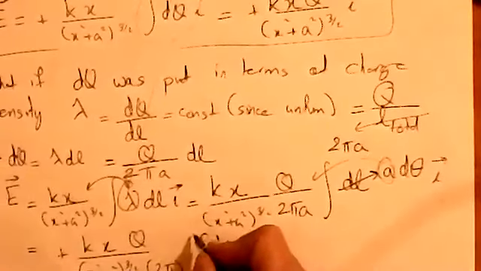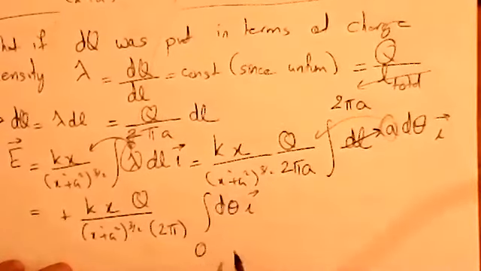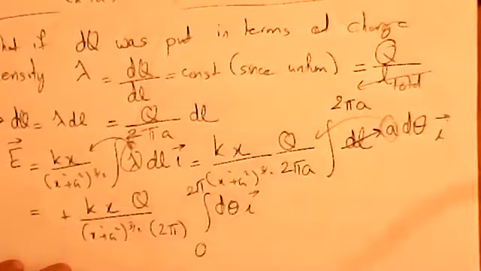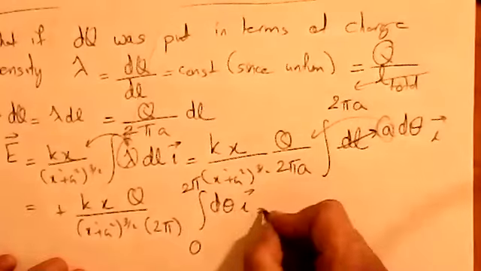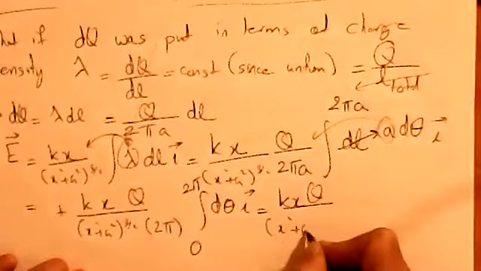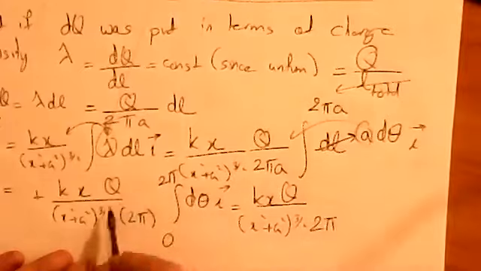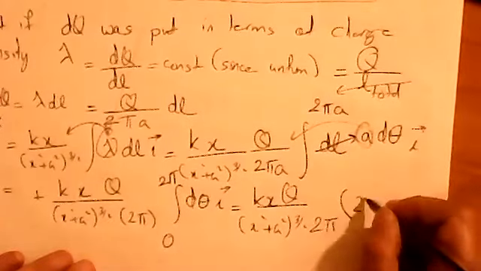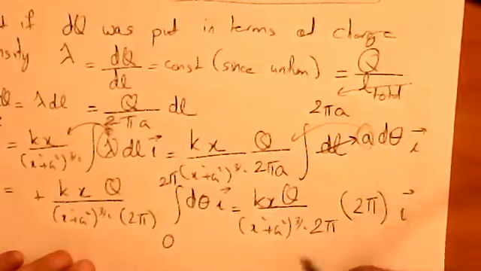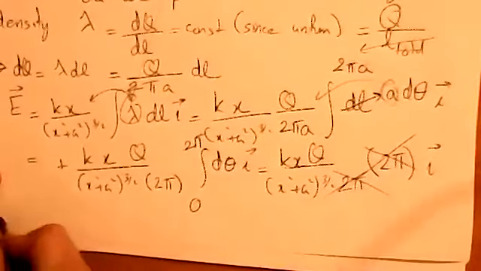I'm integrating d theta, and theta is in radians here, so from 0 to 2 pi. So this will be k x q over (x squared plus a squared) to the power 3 over 2, with the 2 pi in the denominator, and when you integrate it gives 2 pi, with direction i. The 2 pi and 2 pi cancel.